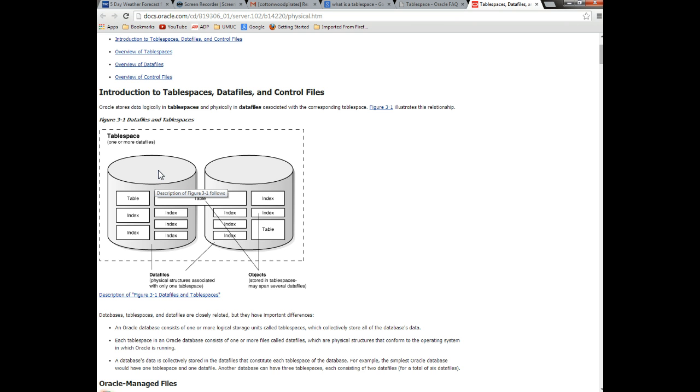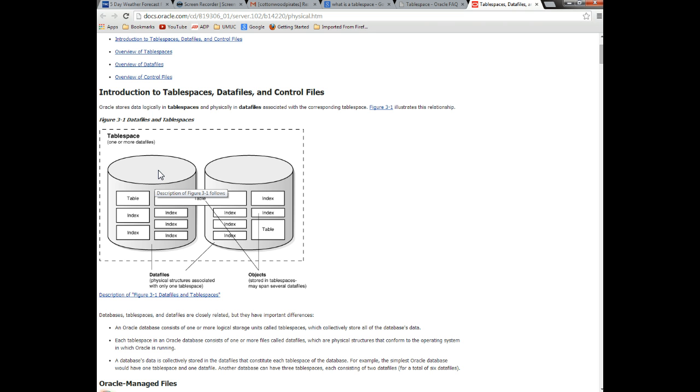Basically what that does is separate the physical location of data from the logical location of data, and that logical location of data is in memory, and occasionally those tables in memory will be written back to that physical location in the tablespace.